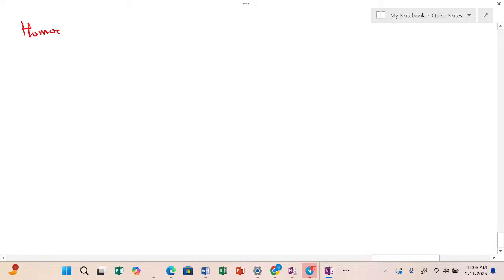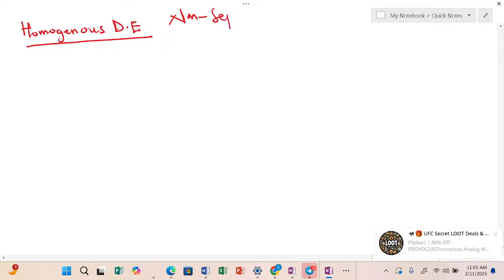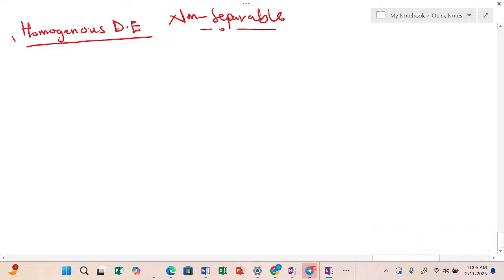Homogeneous differential equation. Mind you, we are under non-separable. This differential equation is not separable. So number one is homogeneous.